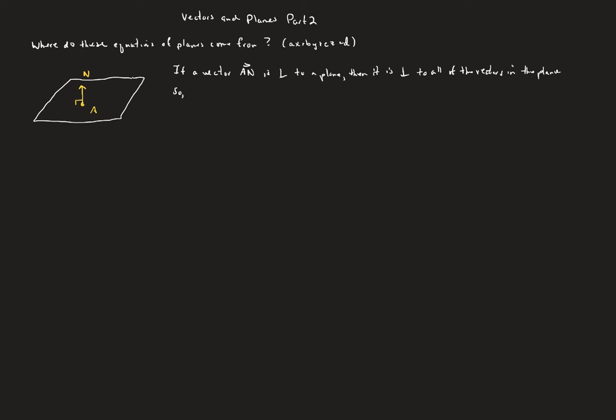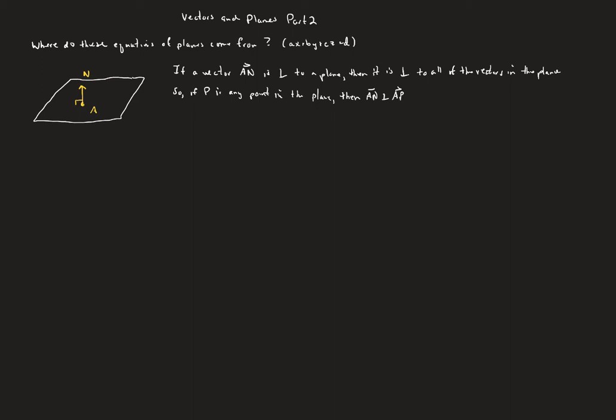So if P is any point in the plane, then it must be true that vector n is going to be perpendicular to vector AP.